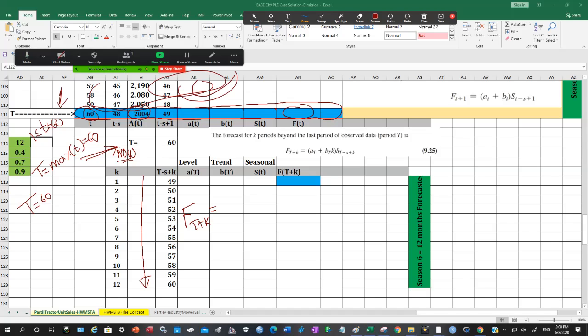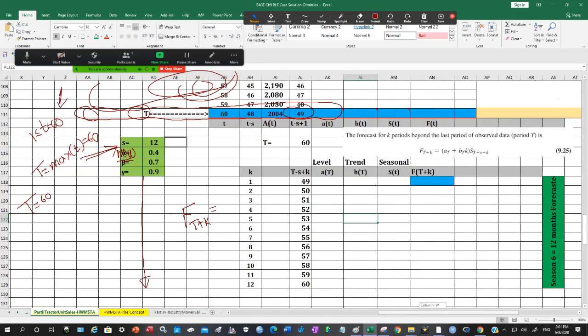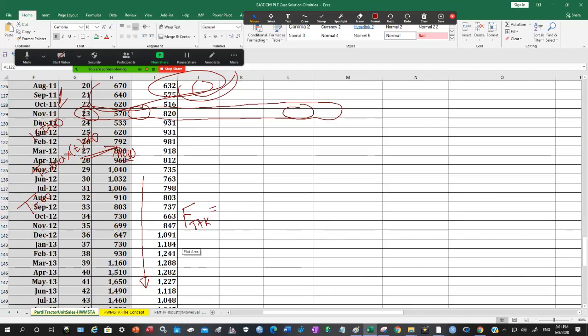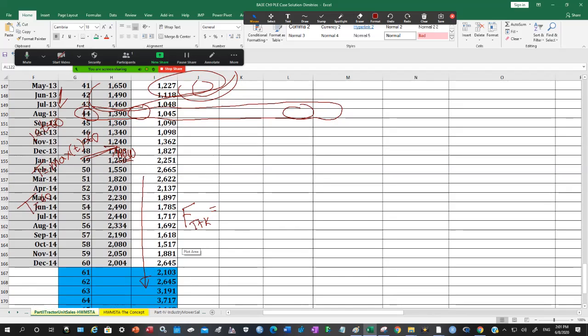And I want to be able to forecast after month 60. I forgot where it was. Was it December of 2014? Let us actually go there to see what month 60 is. So month 60, yeah, it is December of 2014.